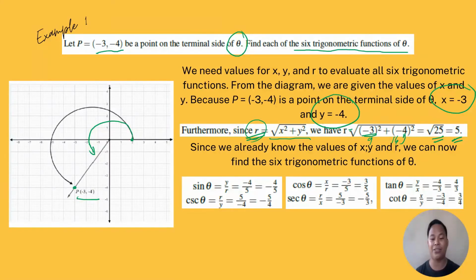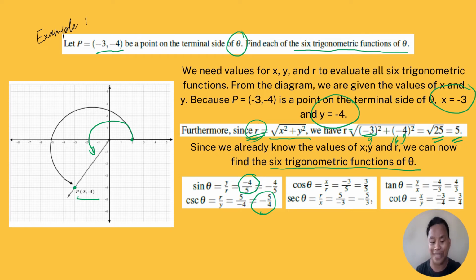Since we already know the values of x, y, and r, we can now find the 6 trigonometric functions of theta. Remember that sine theta is equal to y over r. Then, it is equal to negative 4 over 5. And cosecant theta is the reciprocal of sine theta. Therefore, its value is negative 5 over 4.